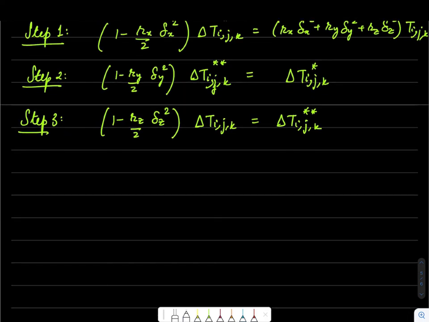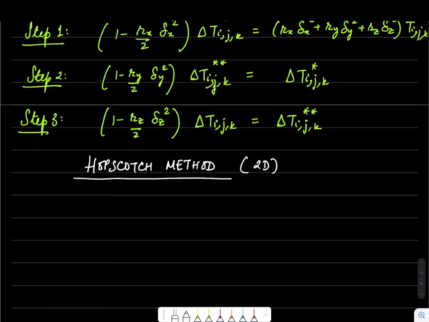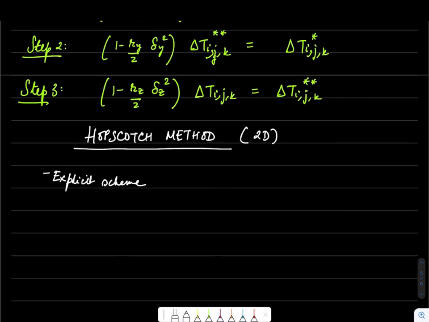The last scheme that I want to discuss is a very interesting scheme. It's called the hopscotch method, and it's only applicable for 2D. This is an explicit scheme, and that's why it becomes very attractive, and the reason I'm covering it here, because remember, explicit schemes are always easiest to solve.